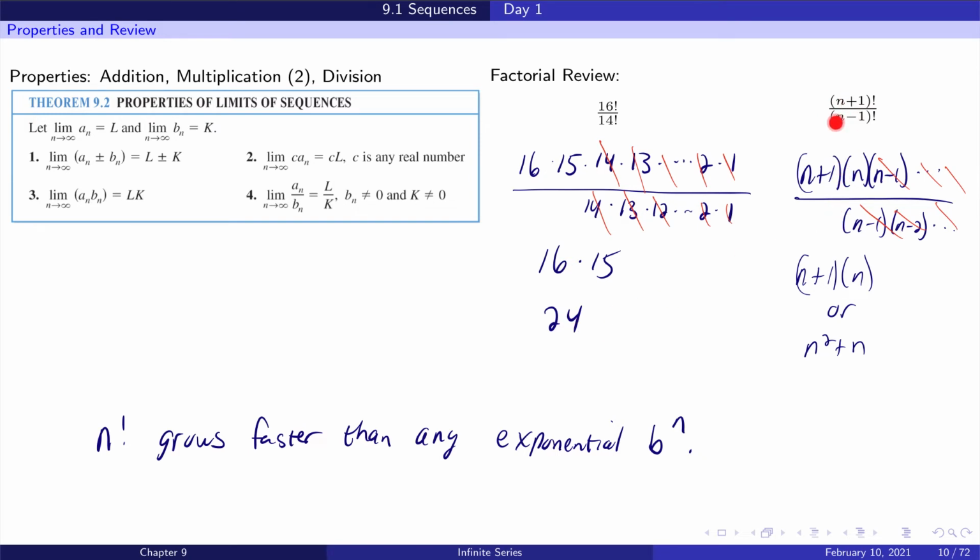For a more abstract case where we're involving variables, n plus 1 factorial is n plus 1 times n times n minus 1 all the way down to 3, 2, 1, and then the denominator starts at n minus 1 and goes all the way down to 3, 2, 1. N minus 1 and down cancels, and you're left with n plus 1 times n, or n squared plus n. And then finally, another property of factorials, these grow faster than any exponentials. So n factorial is a function that increases very quickly.